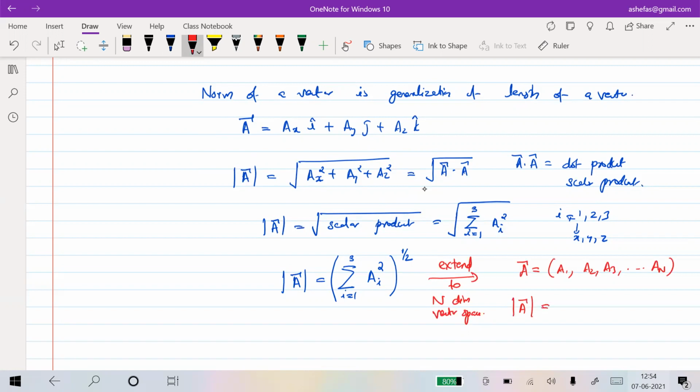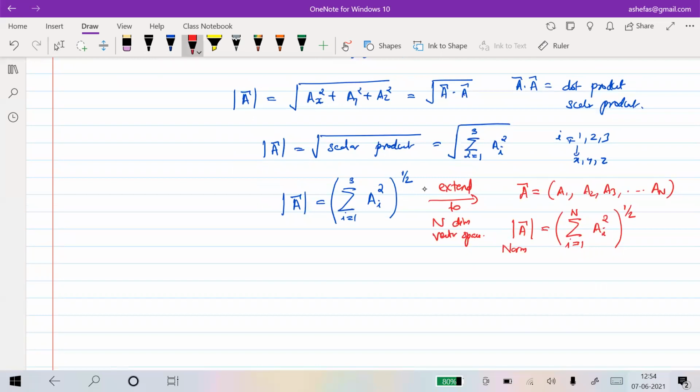Here we'll not use the term length, we'll use the term norm. The norm of the vector A is simply the sum over i equal to 1 to n of ai square, all raised to 1 by 2. Here we have shown this vector A as discrete elements. A1 is the first component, A2 is the second component, A3 is the third component, etc.